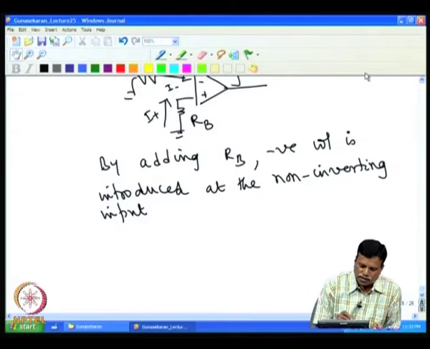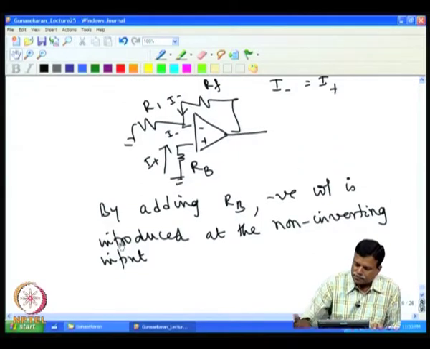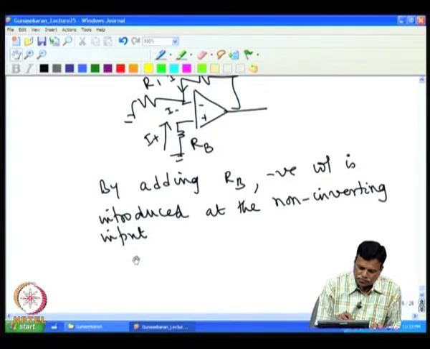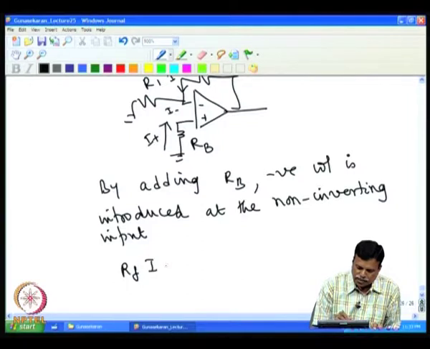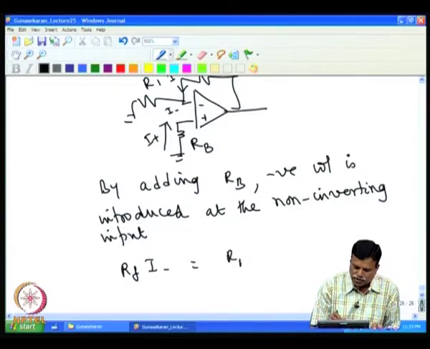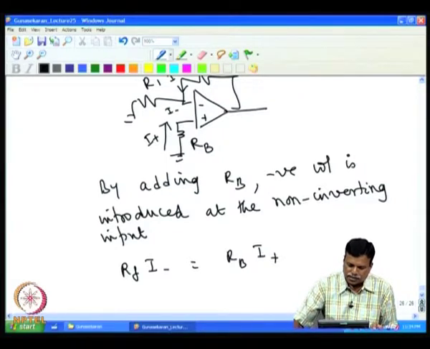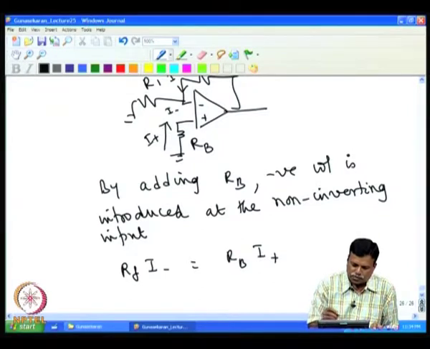That means if I take RF into I minus, it should be equal to RB into I plus. That will make the output voltage equal to 0, so there is no error due to the bias current. Here we assume that the input voltage is RB into IB.